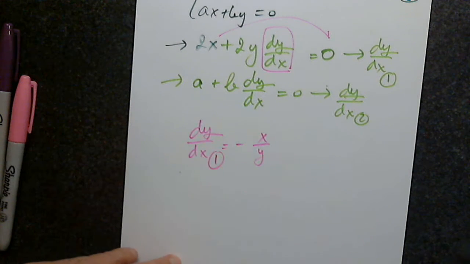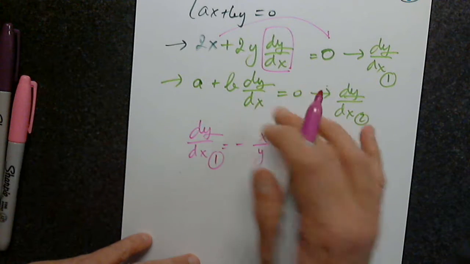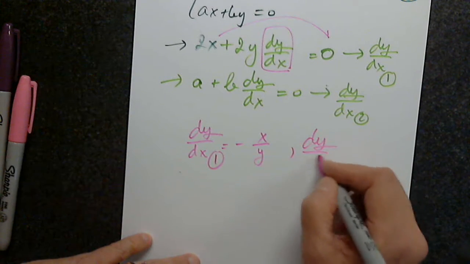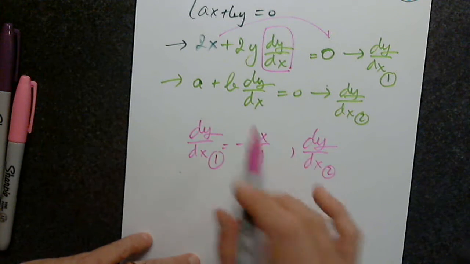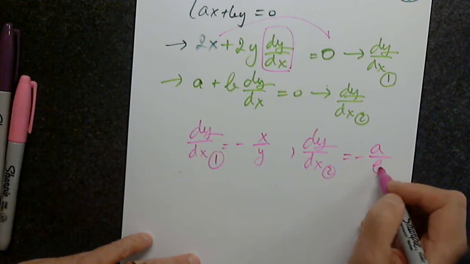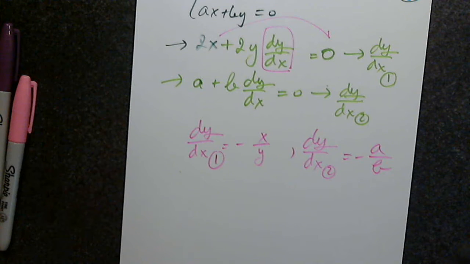That's number 1. From here, dy over dx number 2 will be negative a over b. Okay, so we have an expression for the derivatives of each.